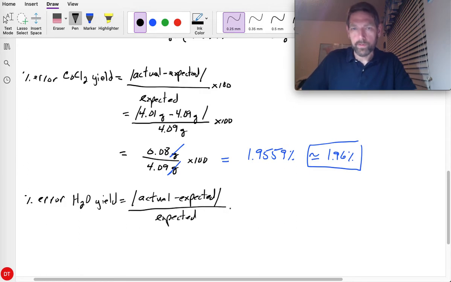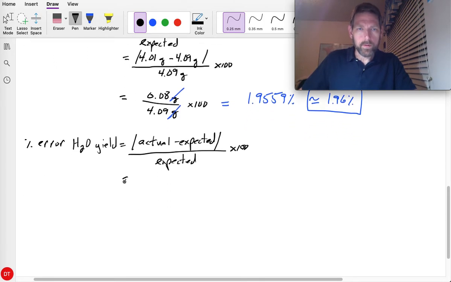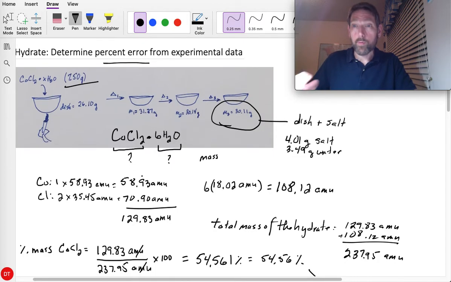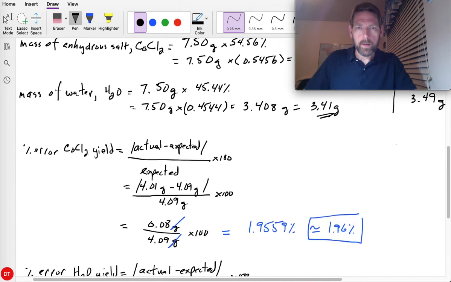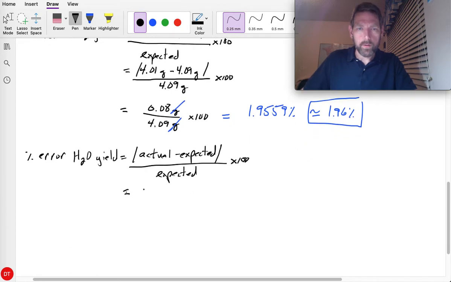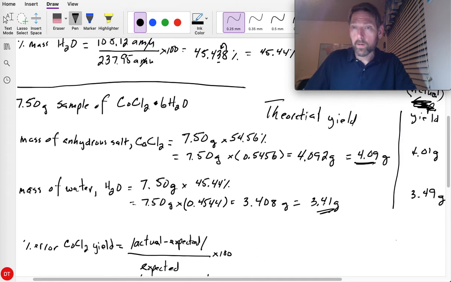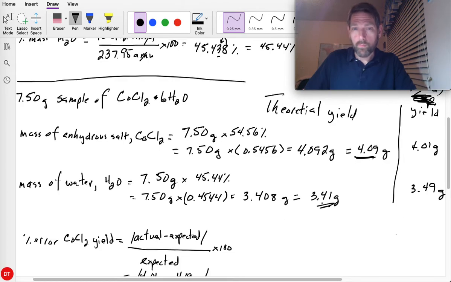And of course these are yields, right? Our actual yield of water was 3.49. In the previous video it was 3.49. So the actual was 3.49 grams, and theoretically we've calculated up here 3.41 grams.